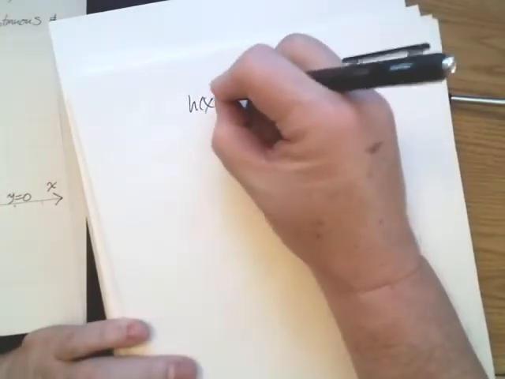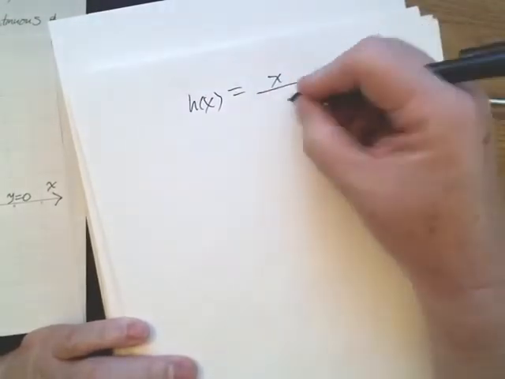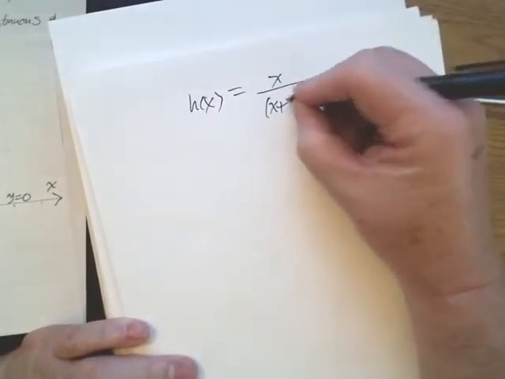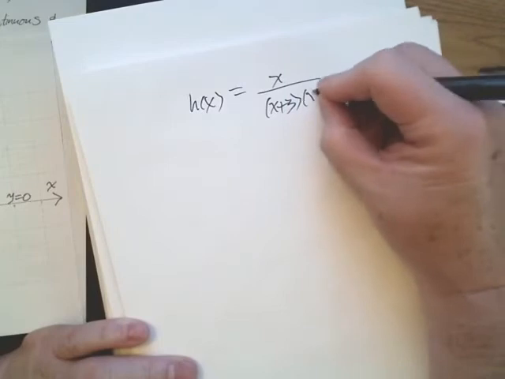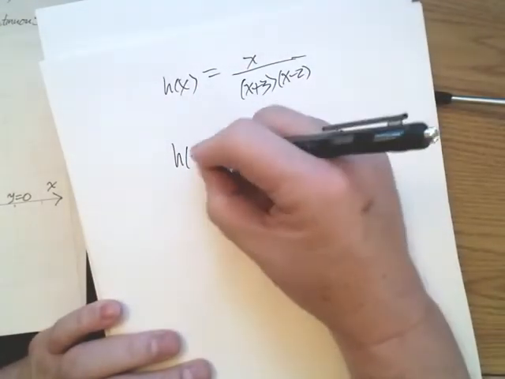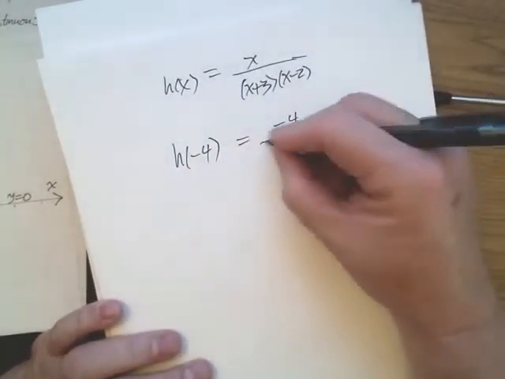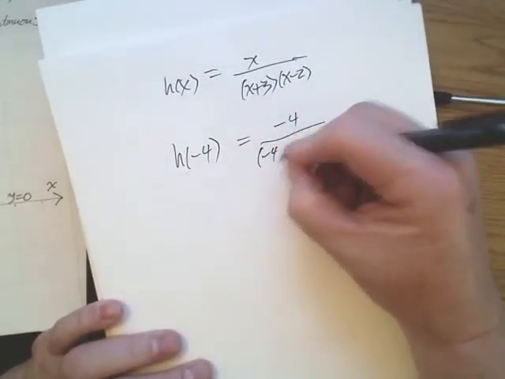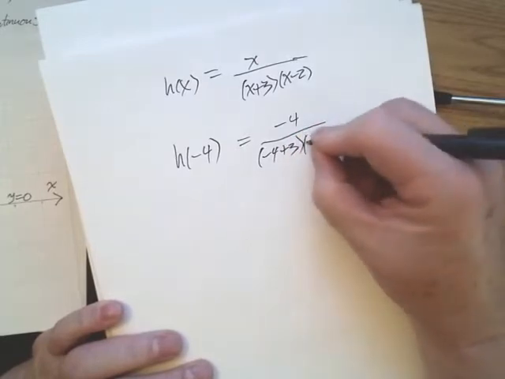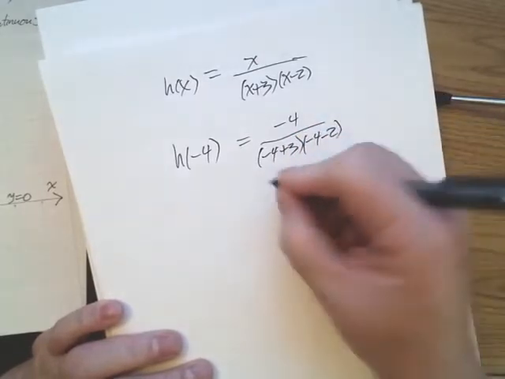Here, let's write h of x again. That's x over... Now what would that be at -4? That would be -4 over -4 plus 3, -4 minus 2.